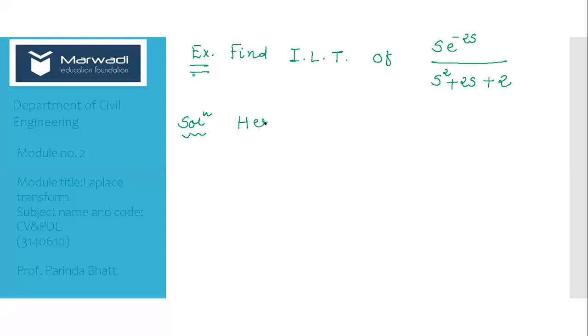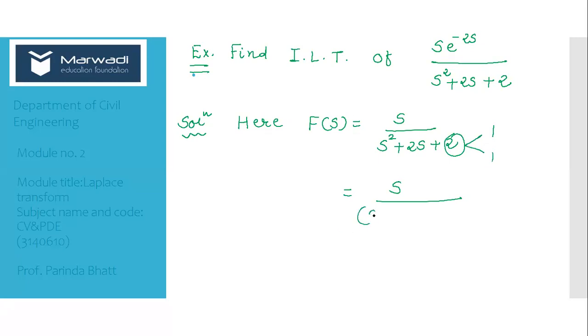Here, f of s is equal to s by s square plus 2s plus 2, right? Therefore, we change this. What is the last term? We know that 1. Therefore, 1 and 1. Converting into the perfect square: s square plus 2s plus 1 plus 1.